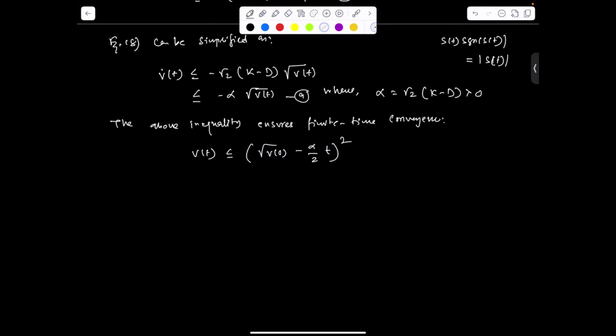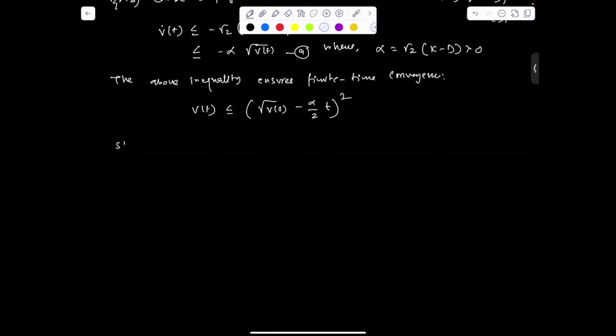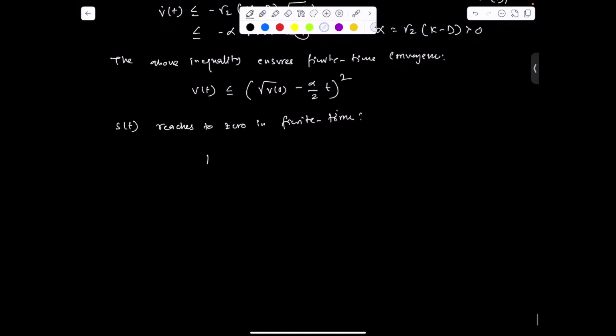As time proceeds to infinity, this term goes to 0, and we can comment that s(t) reaches 0 in finite time, which is defined as tf less than or equal to 2 root V naught divided by alpha.